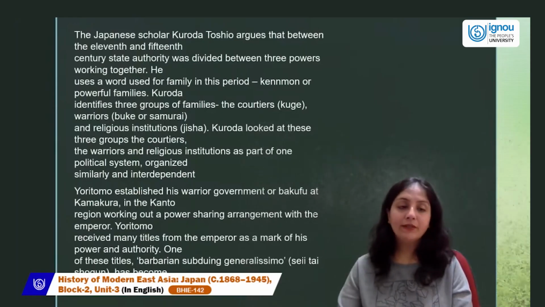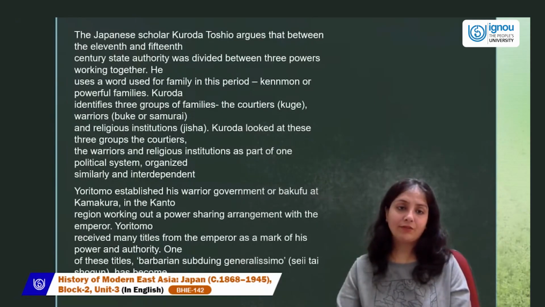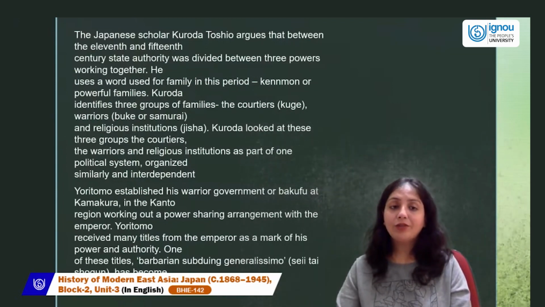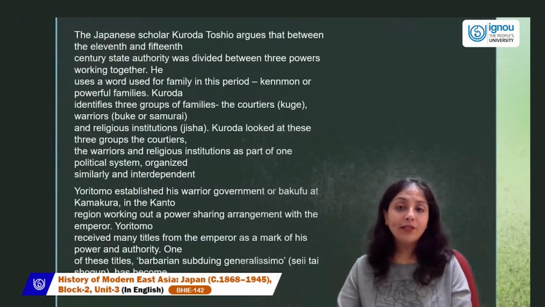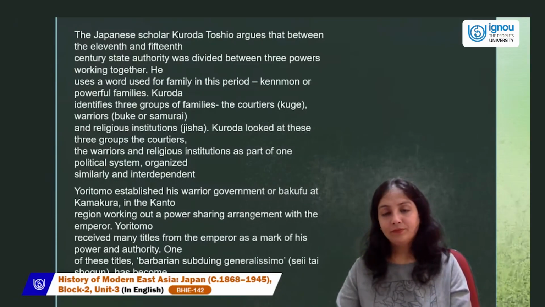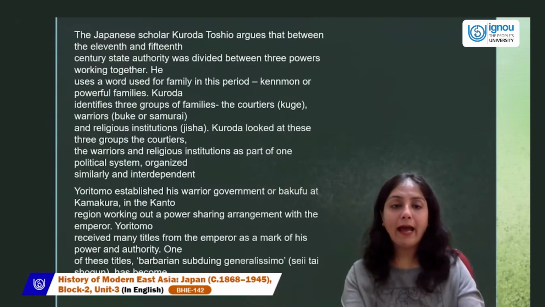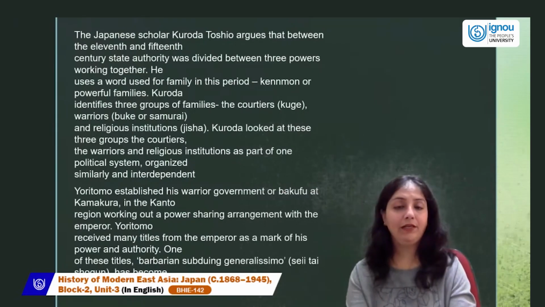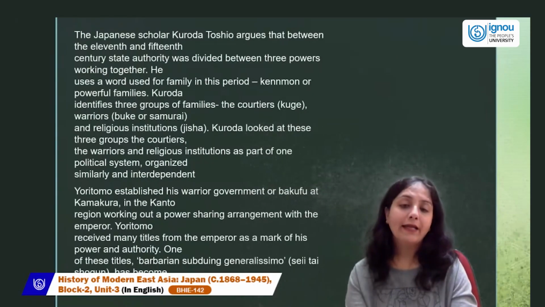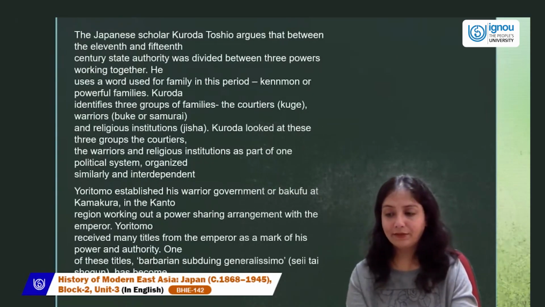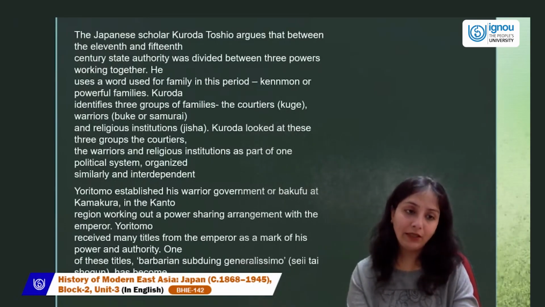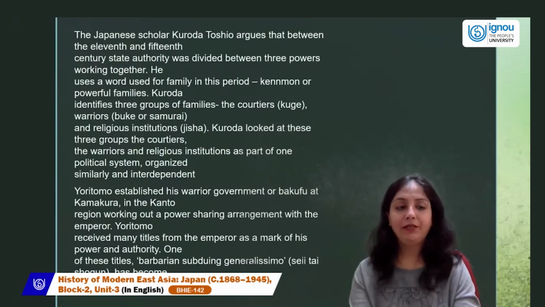Warriors means samurai, as I told you earlier, religious institutions are jisha, and courtiers are kuge. Kuroda looked at these three groups as part of one political system, organized similarly and interdependent.